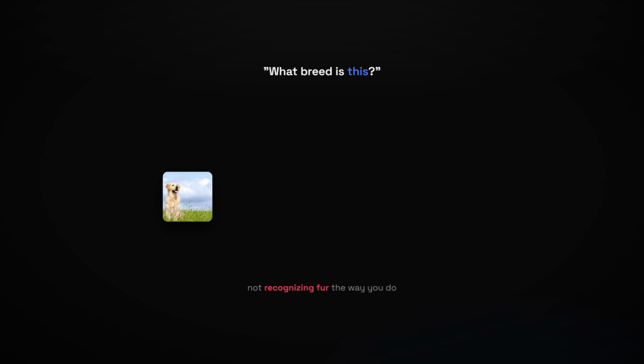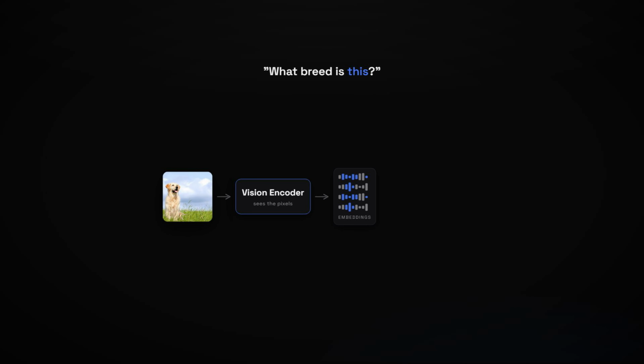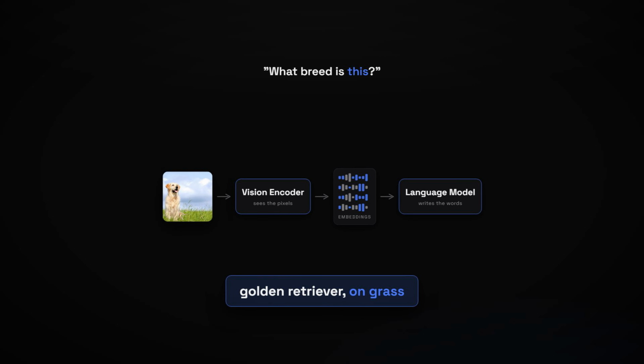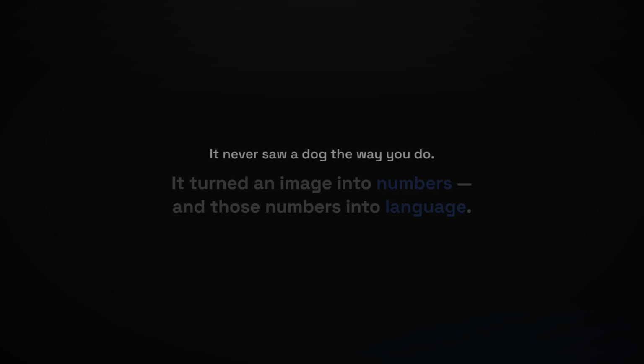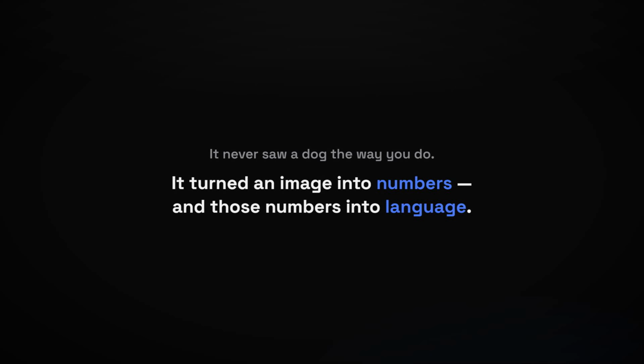The AI isn't recognizing fur the way you do. Its vision encoder turns your photo into embeddings, and the language model uses those embeddings to generate the words that best describe what it understood. Golden retriever on grass. It never saw a dog the way you do. It transformed an image into numbers, and those numbers into language.